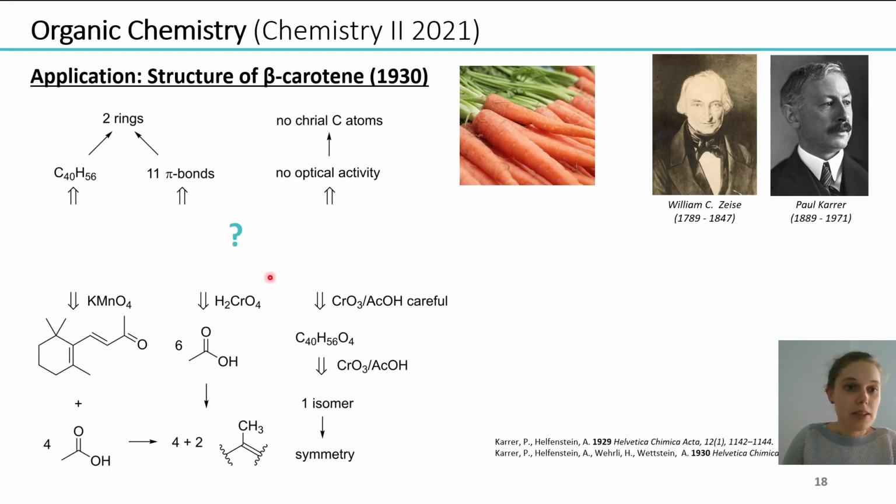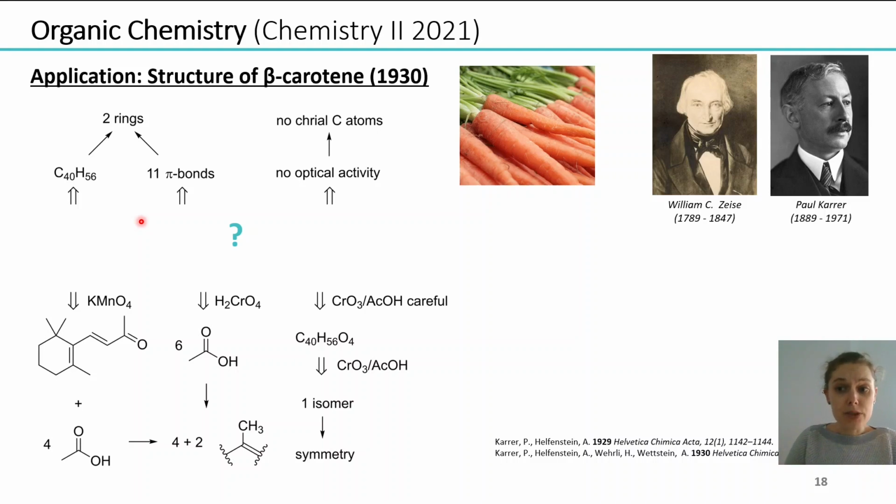At the beginning, they just knew that there is a molecule which consists only of carbon and hydrogen atoms. Then they already knew the molecular formula, which was C40H56. As you know, if we have an alkane, which is fully saturated, we always have a molecular formula with CnH2n+2.